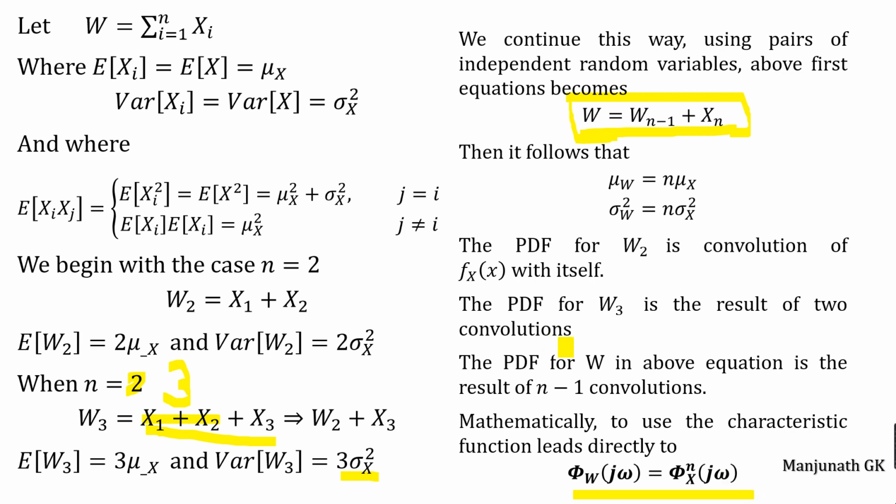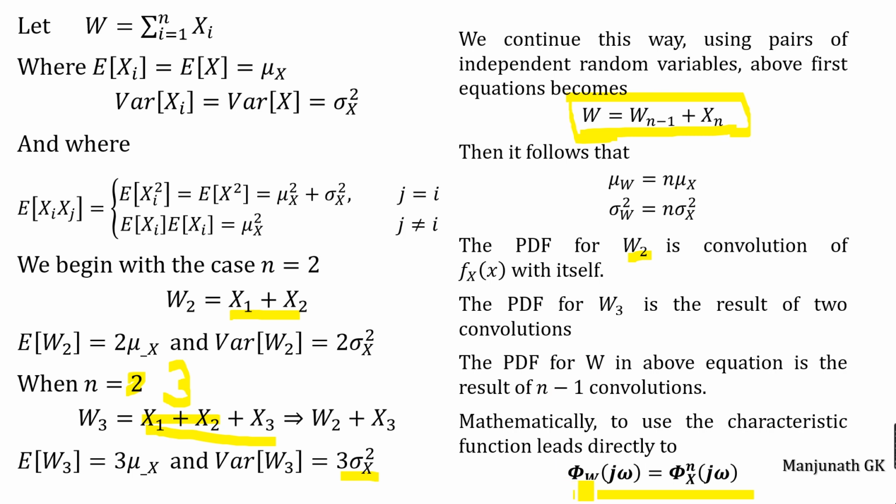So how do we calculate the PDF of such a case? If n is equal to only 2, then the PDF of W2 is the convolution of fx of x with fx of x. If n minus 1 are considered, it is the result of n minus 1 convolutions, repeating the same thing.